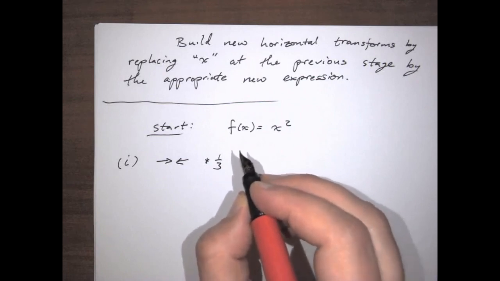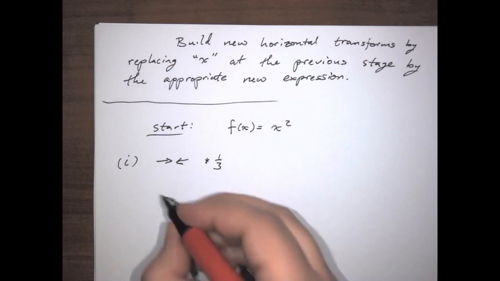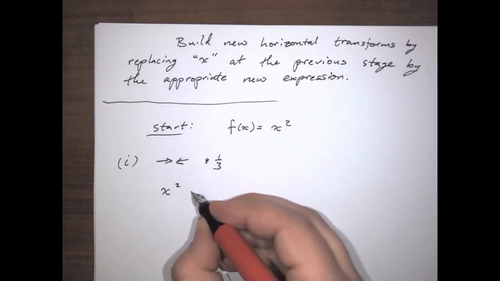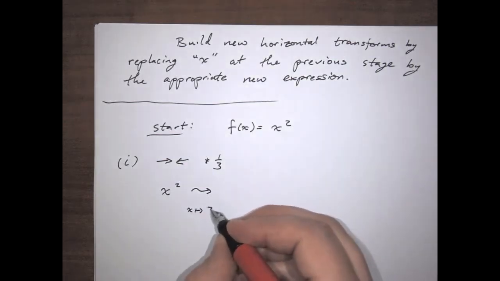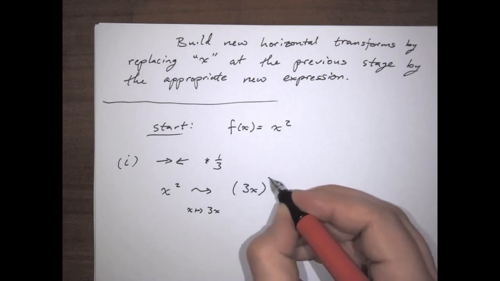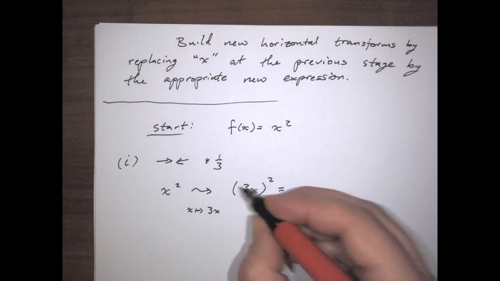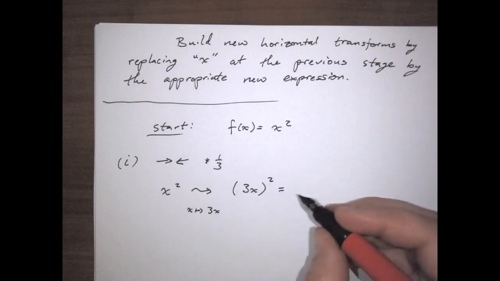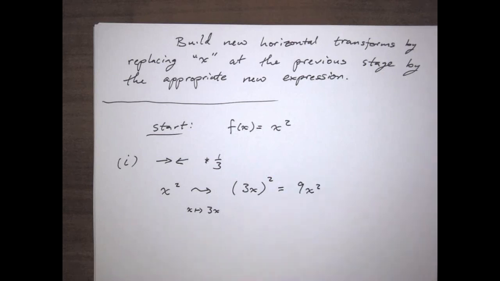Well, the way you do a factor of 1/3 is that you take the original formula and you replace every x by 3x. So that means you're going to have 3x all squared. And if we want, we can simplify this a little bit and make it just 9x squared. So this is our new formula as of stage 1.